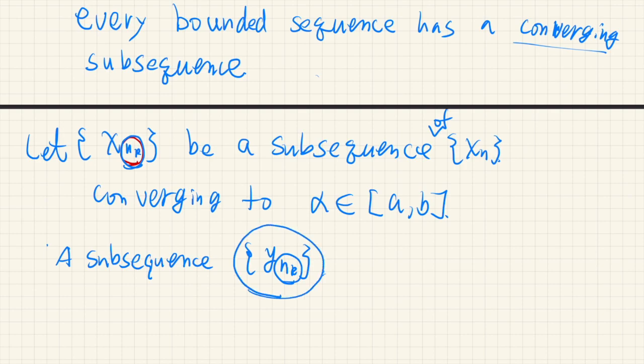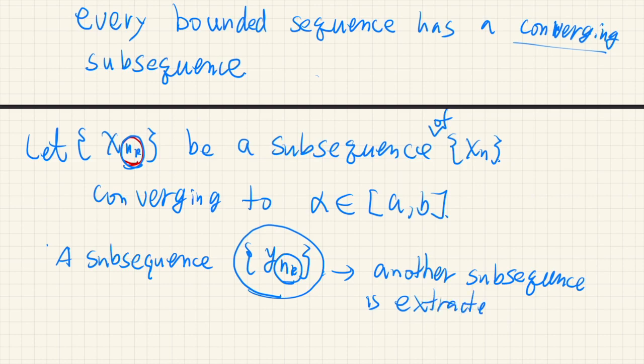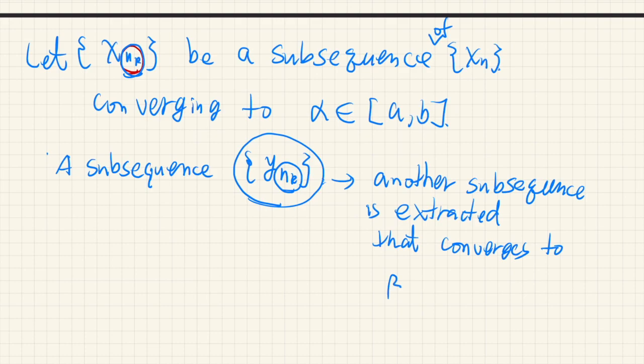So it's a subsequence of a subsequence, and that can be chosen so that it converges to some value between A and B, okay? A subsequence of this, and from this, another subsequence is extracted that converges to some value beta that is between A and B.